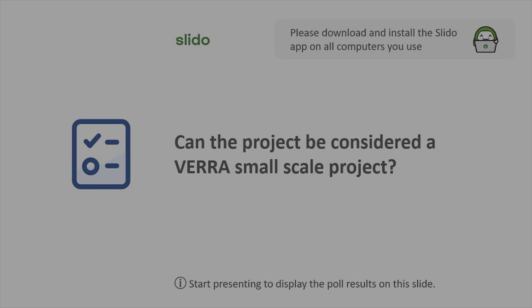So what do you think is the right answer? Any volunteer to open the discussion? Have you already used your Slido? If verifiers, VVBs, want to open the floor. Let's see what you're saying. The results.